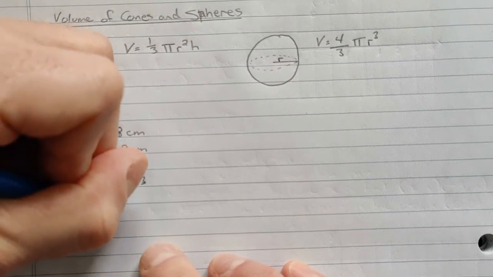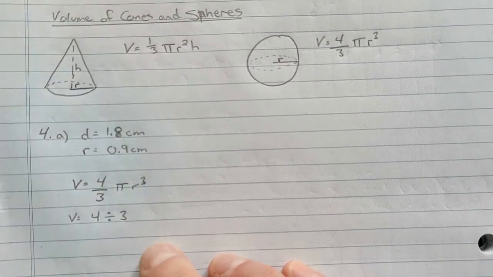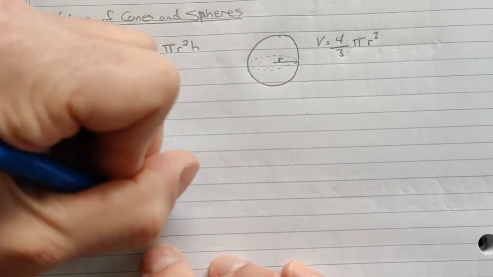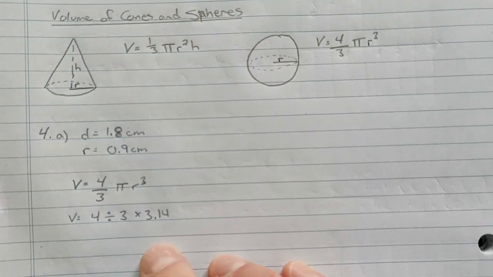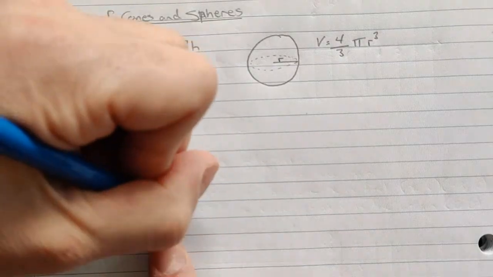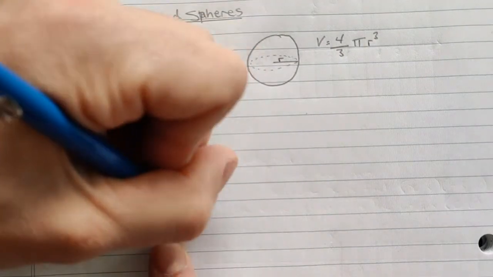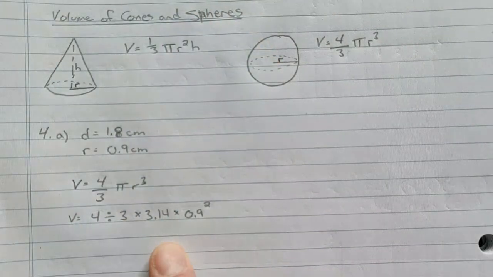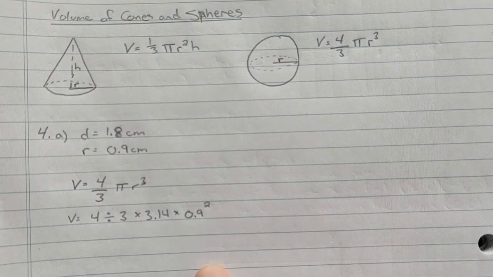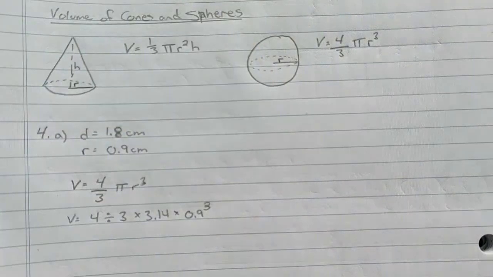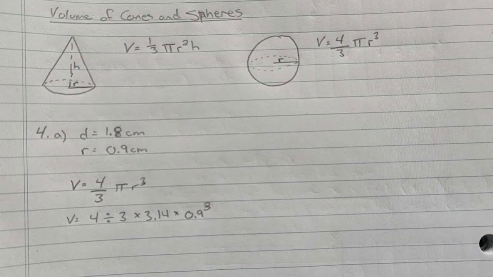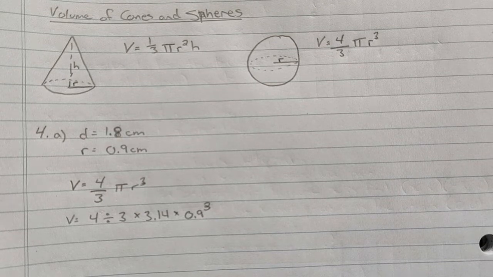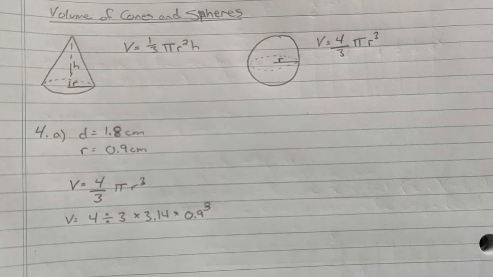This is what you could type in your calculator here: 4 divided by 3 times 3.14 times the radius, which is 0.9, cubed. Do that, and you should get yourself the volume of the sphere, or a choco ball in this case.